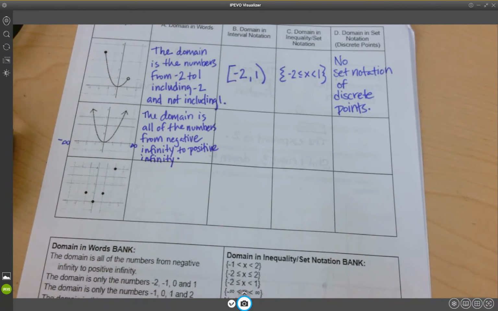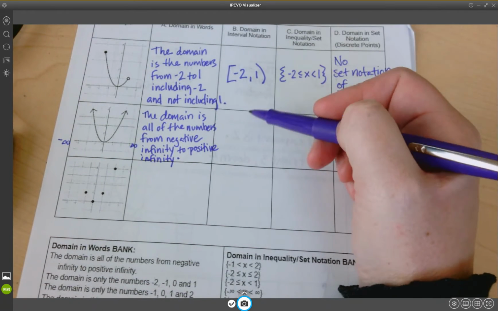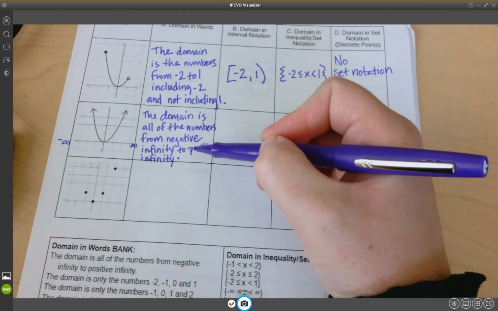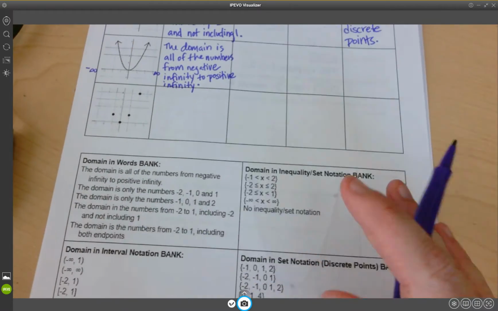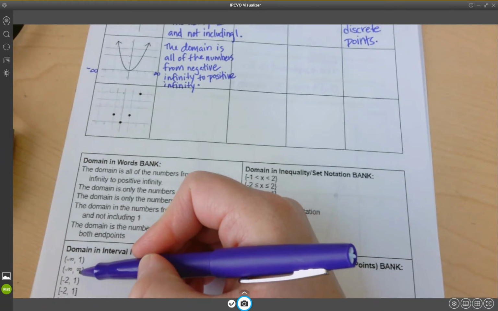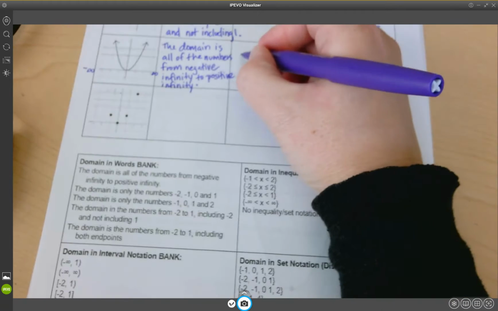All right, now I want you to pause the video, try to do the rest, and then come back and check. So you should be checking your answers now. We're going to do the domain in interval notation, and I want to find the interval notation that matches my words. And here it is: -infinity to +infinity.